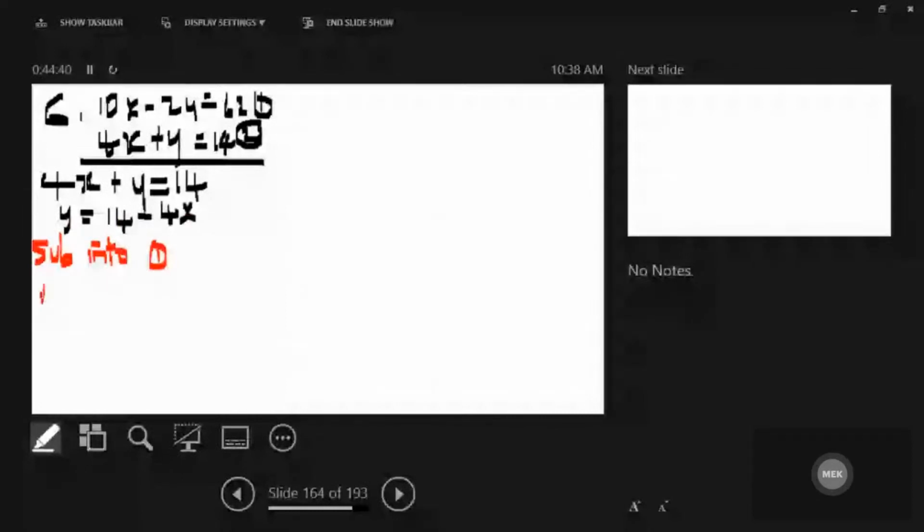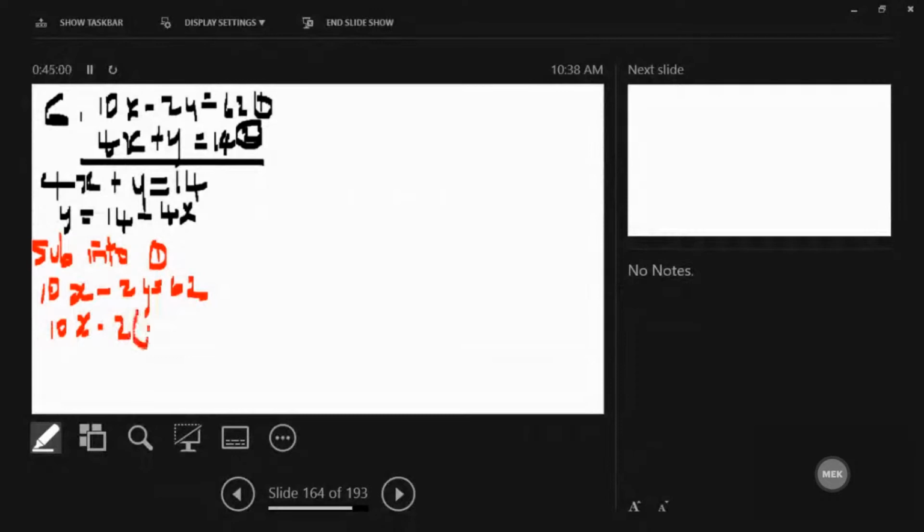So we have 10x minus 2y equals 62. So 10x minus 2 times 14 minus 4x equals 62.